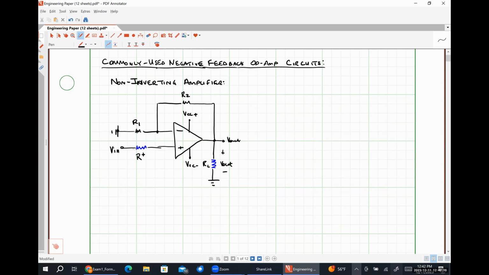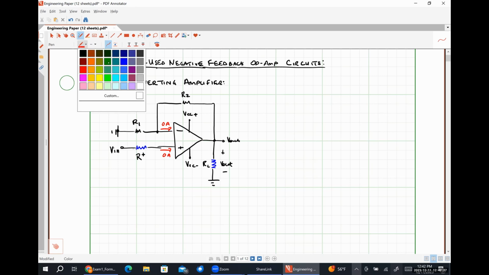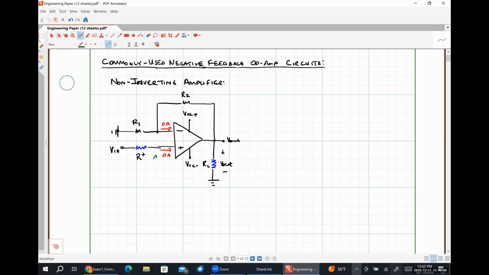All right, so we are going to be using the ideal op-amp rules in order to analyze these circuits and develop relationships and all that kind of stuff. So the first ideal op-amp rule is that no current can flow into or out of the input terminals, meaning both of these currents are zero. Now we are going to find the voltage present at the non-inverting input node.